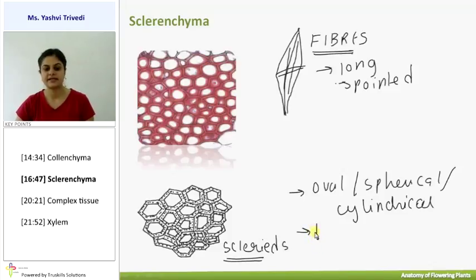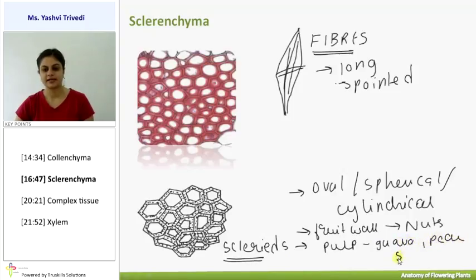It is present in the fruit wall of nuts like cashew nuts and ground nuts and all. They could be present in the pulp of the fruits like guava, pear, sapota. Sapota is chiku.